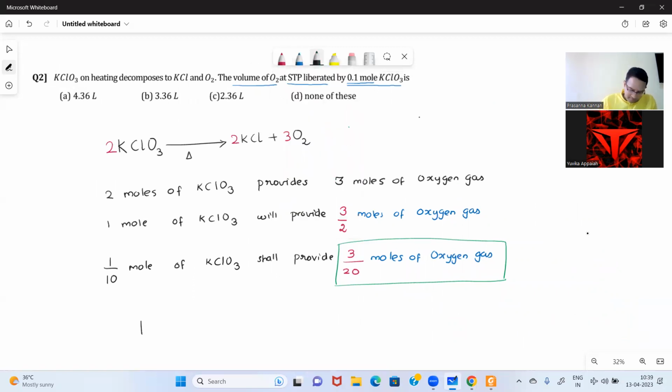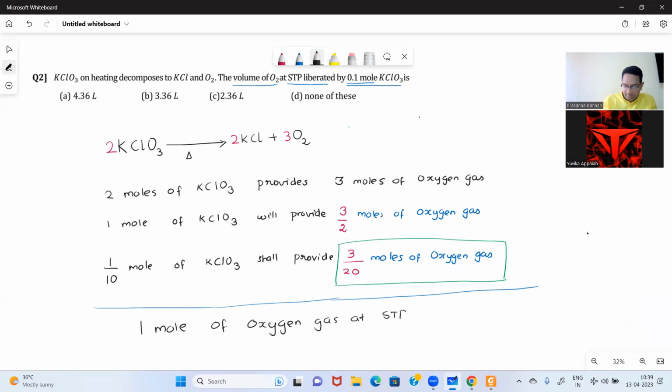Okay. Now, we know that, so this part is complete. We know that 1 mole of oxygen gas at STP will occupy how much volume, Yuvika? 22.4 liters. Yes, exactly.